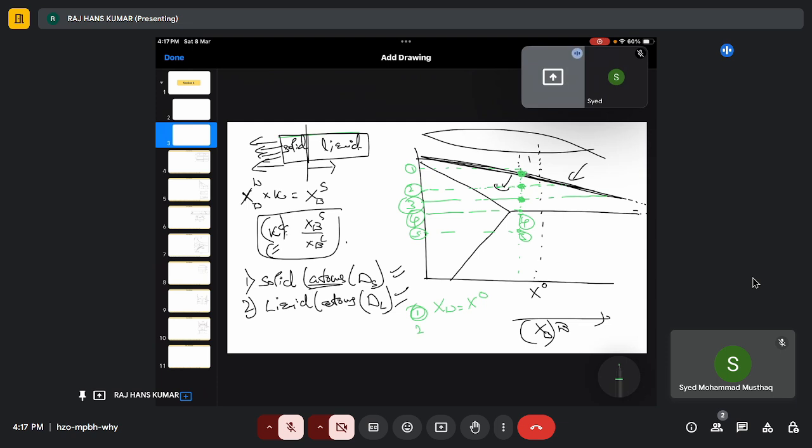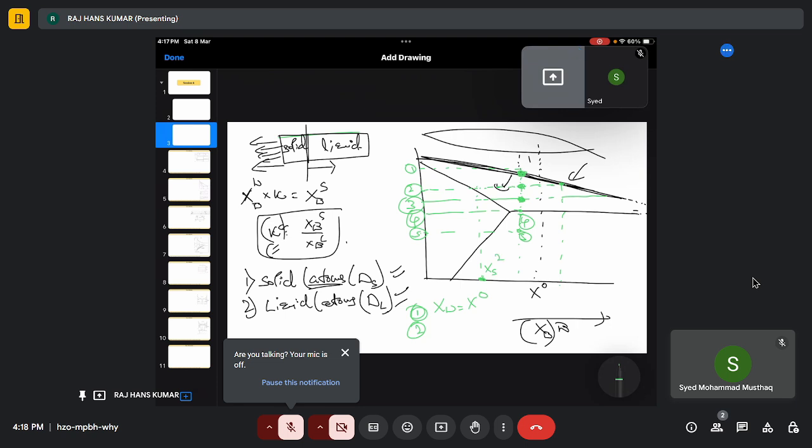Now, what at point two? Just below, right? Let's say this is my point one, right? Related to point two, it has a concentration of excess 2.